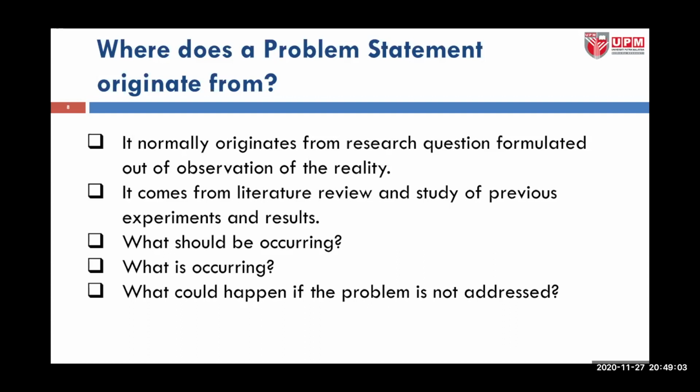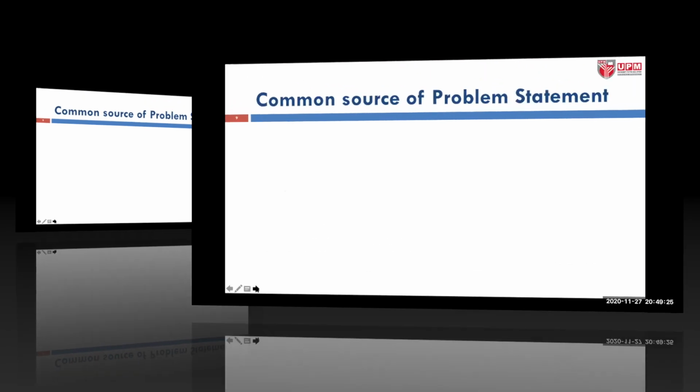Obviously, there will be more problems in the future. There will be more water pollution. There will be more water disruption. So many people will not be happy, right? So issues can come from in front of your eyes. Issues can come from literature review. Issues can come from many other sources.